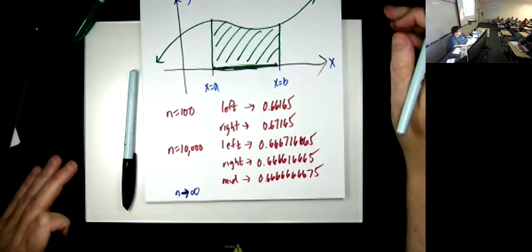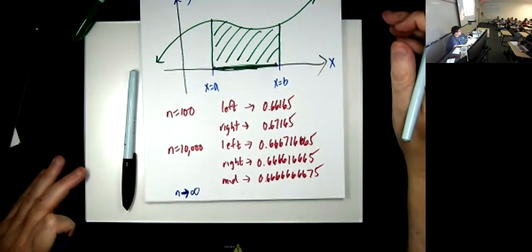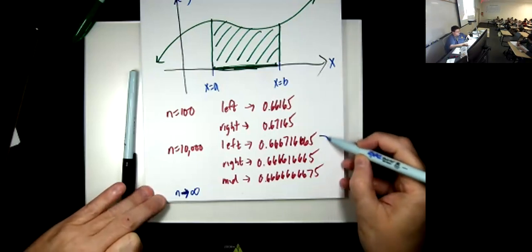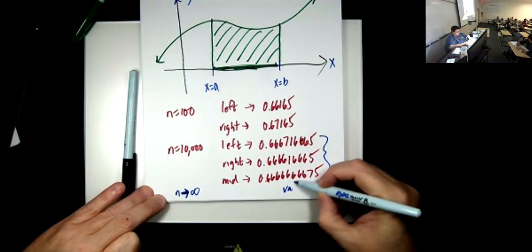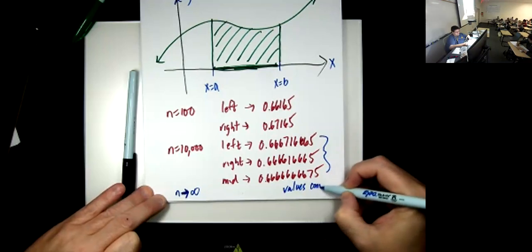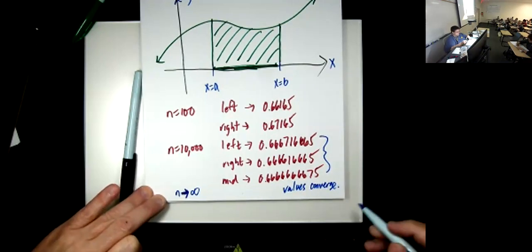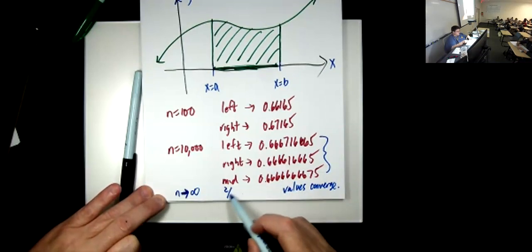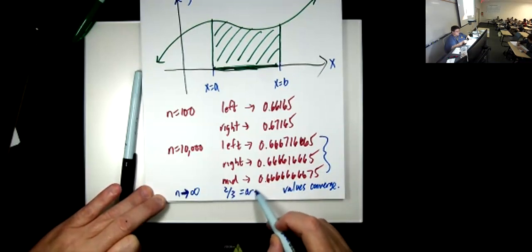As n gets larger and larger, let's say 10 billion, these values converge. And it looks like it's going to 0.66 repeating, or 2/3. It looks like the area is going to become 2/3.